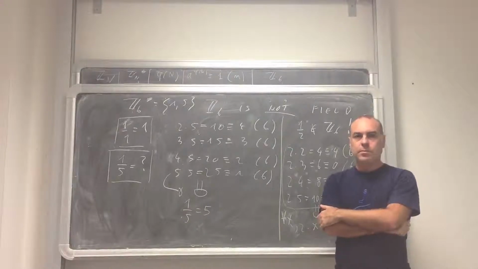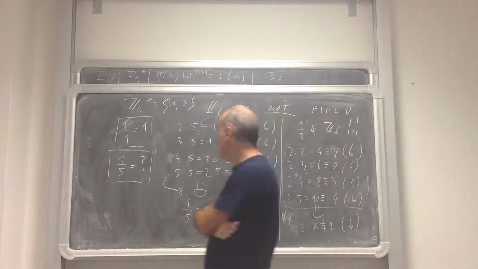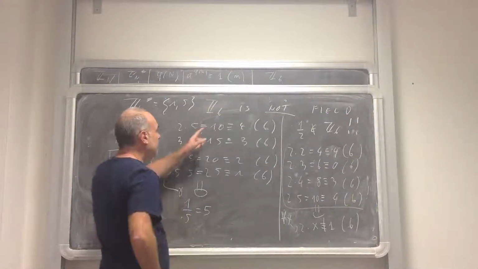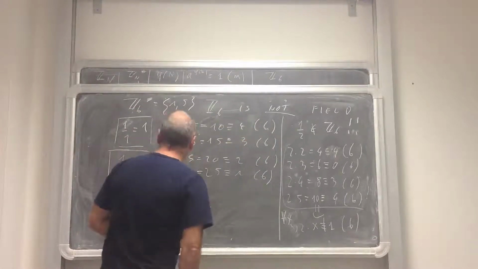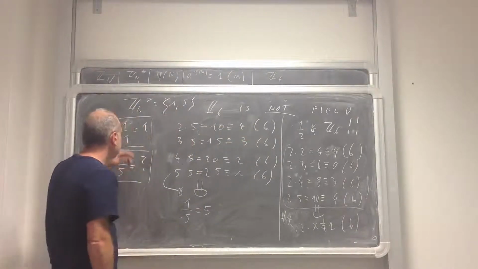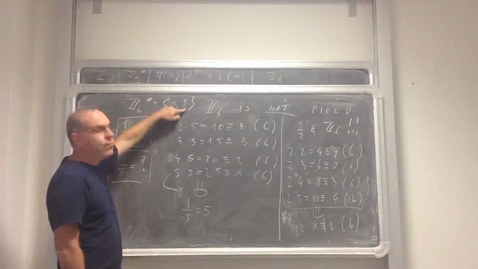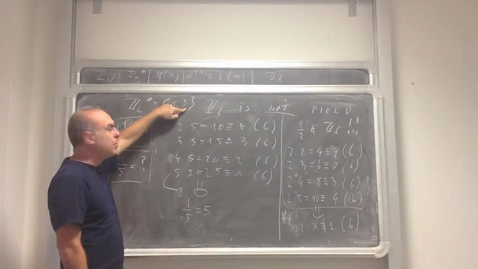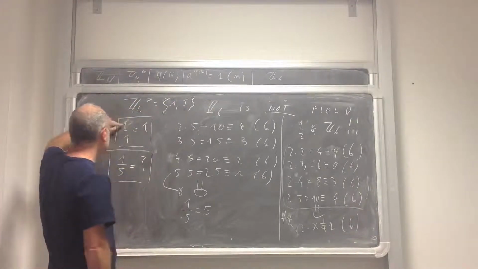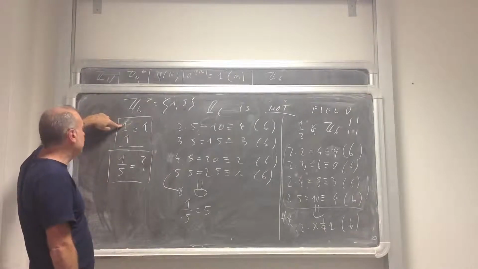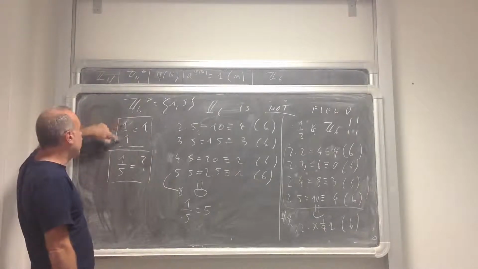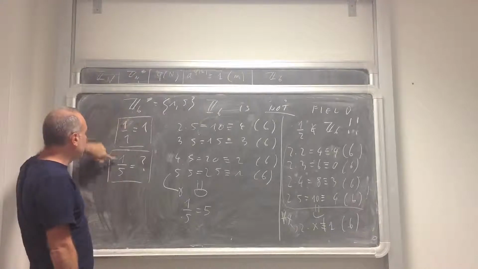So we see Z6 better. So I said that Z6 is not a field. Now, in Z6 star there are 1 and 5 that are coprime to 6. Very good. Now what is the inverse of 1? The inverse of 1 is 1. 1 over 1 is 1. What is the inverse of 5?